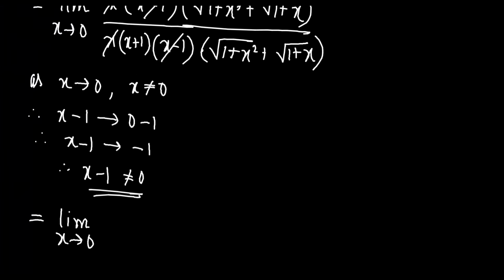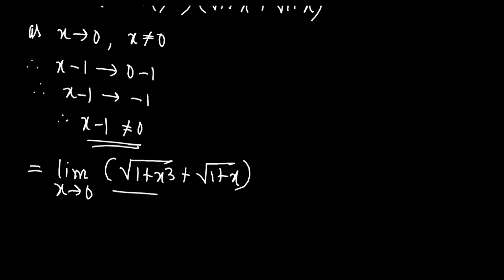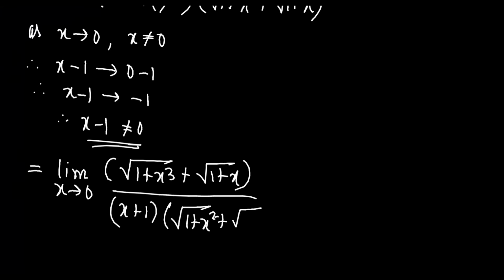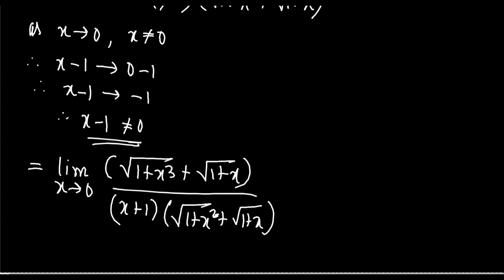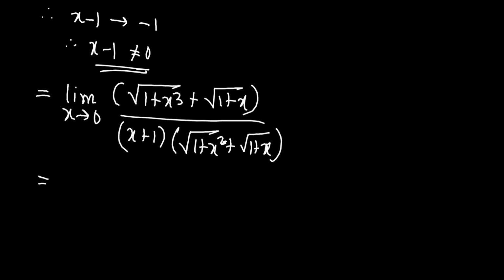So what we are left with is limit x tends to 0, root over 1 plus x cube plus root over 1 plus x, by x plus 1 into root over 1 plus x square plus root over 1 plus x. Now here we will put the limiting value.